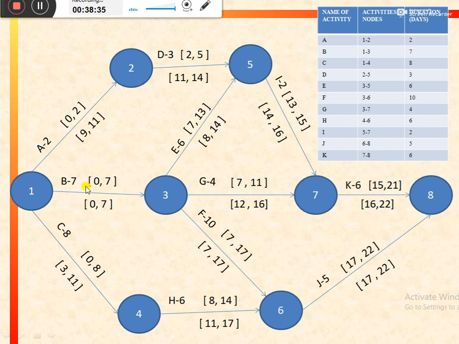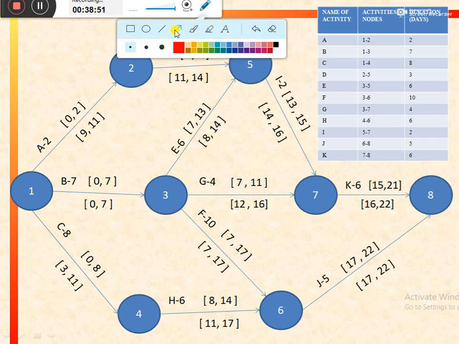The third activity is activity B. For this activity as well, the earliest start and latest start values are equal, and also the latest finish and earliest finish values are equal. So in this network, this path would be the critical one.